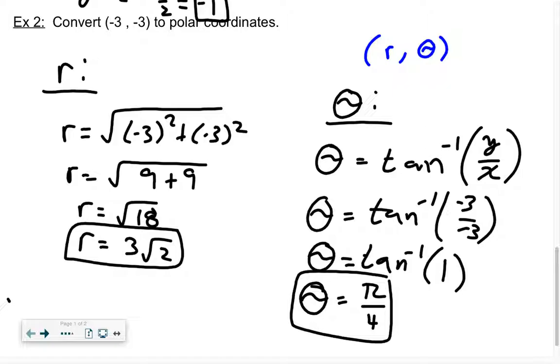But again, what was our ordered pair to begin with? -3, -3. It was over here, right? Well, I can't walk northeast if I want to get southwest. I'm walking in the wrong direction, right? So again, this is the calculator giving you the one answer. Here is the second answer.